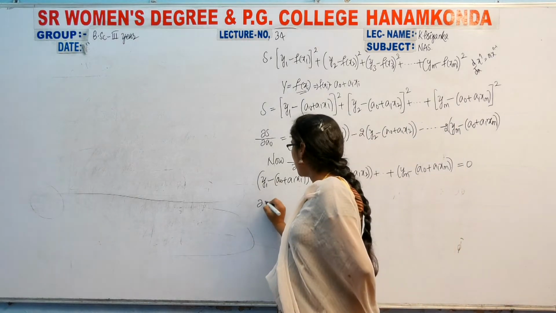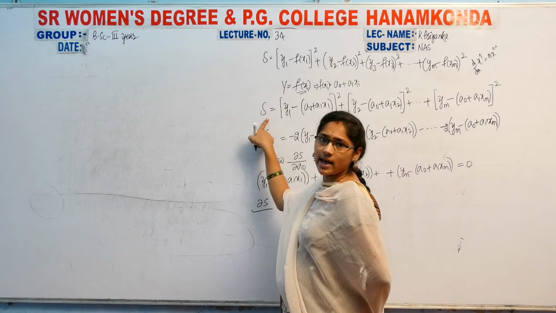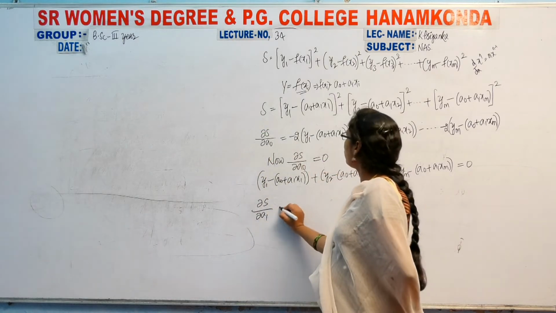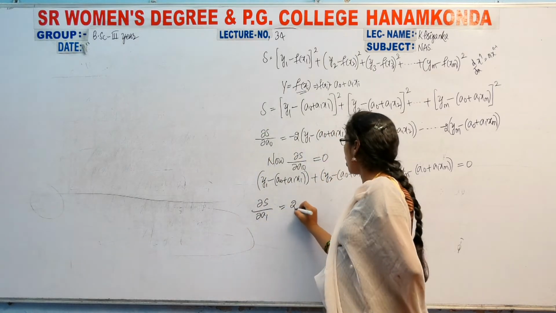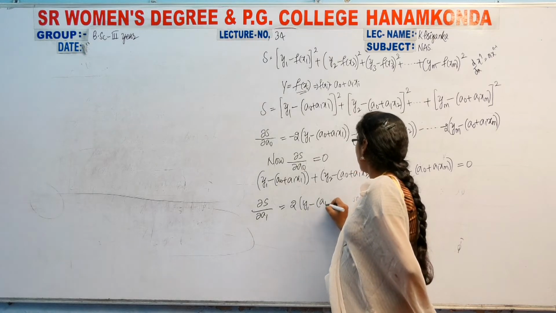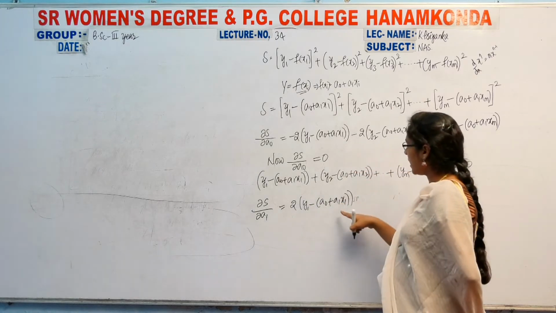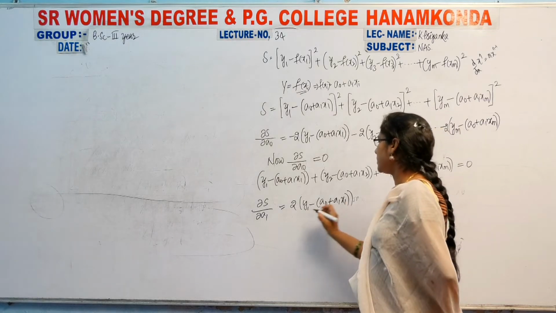Now again, s differentiated with respect to a1. We get 2 of y1 minus a naught plus a1 x1, whole power 1, and the inner function derivative is nothing but minus x1.